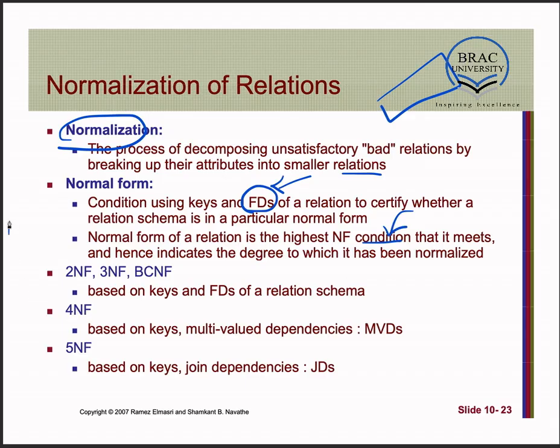There's the 1NF, the first normal form. By default, all relational schema that you have designed so far should be in 1NF. We will see what the conditions are to be in 1NF. This is basically the definition of a relational database, so by default everything should already be in 1NF.